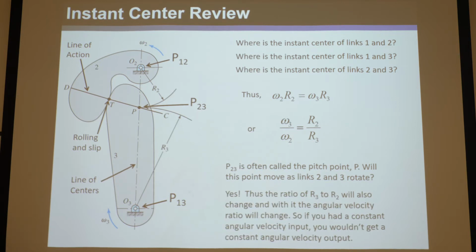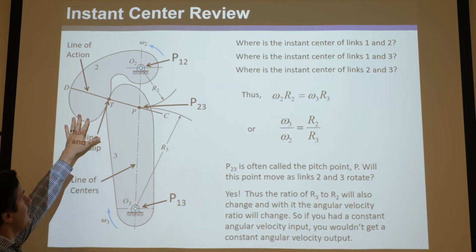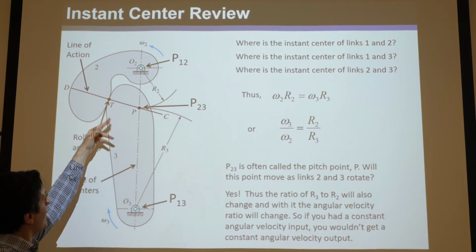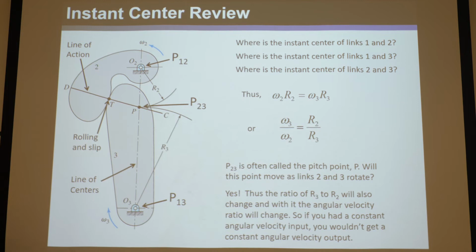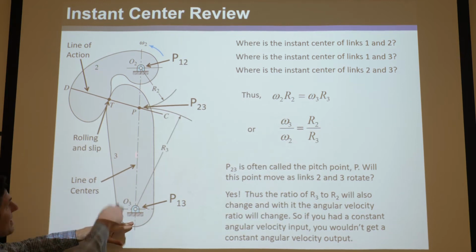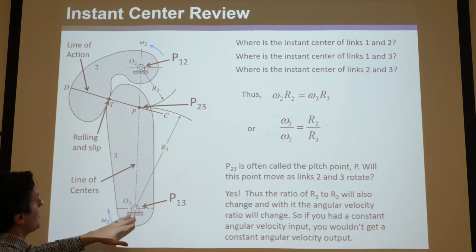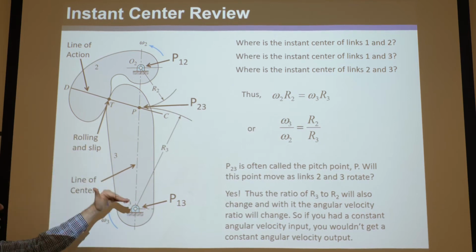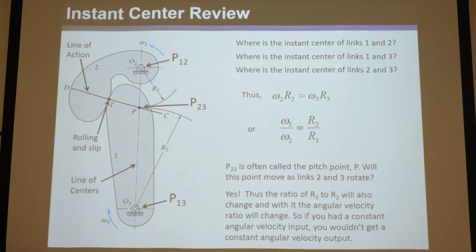So you can imagine as this sweeps to a different position and this rocks back, assuming they're still touching, even though the line of centers isn't going to move, that's fixed there, the normal between those two surfaces, the line of action, will move.